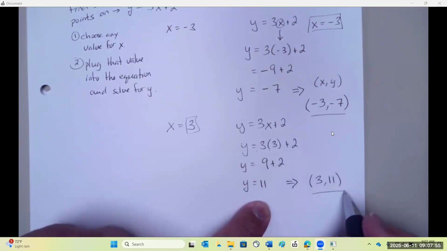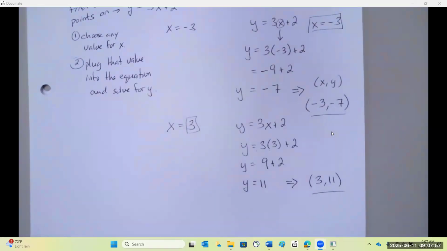So these are my 2 points on the graph. Pretty straightforward. So that's how, if I give you an equation and ask you to graph it, you'll do it. One of the methods is just plugging in some points. As long as we know what it looks like. Because if it was an x squared, we know it's a curve. So we have to pick a bunch of points to see where it's going down, where it's going up, to see what the shape is.